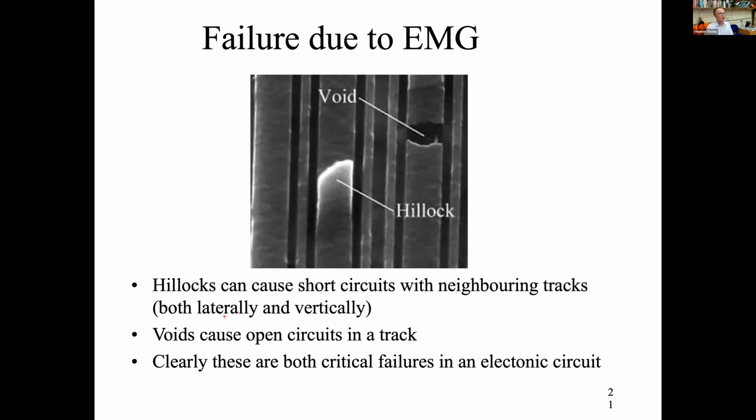So here's a picture showing these two situations. So we've got a void up here. So there's a metal track and there's a gap. So that will give you an open circuit. And then this hillock caused by a grain moving, and that can cause short circuits with neighboring tracks.